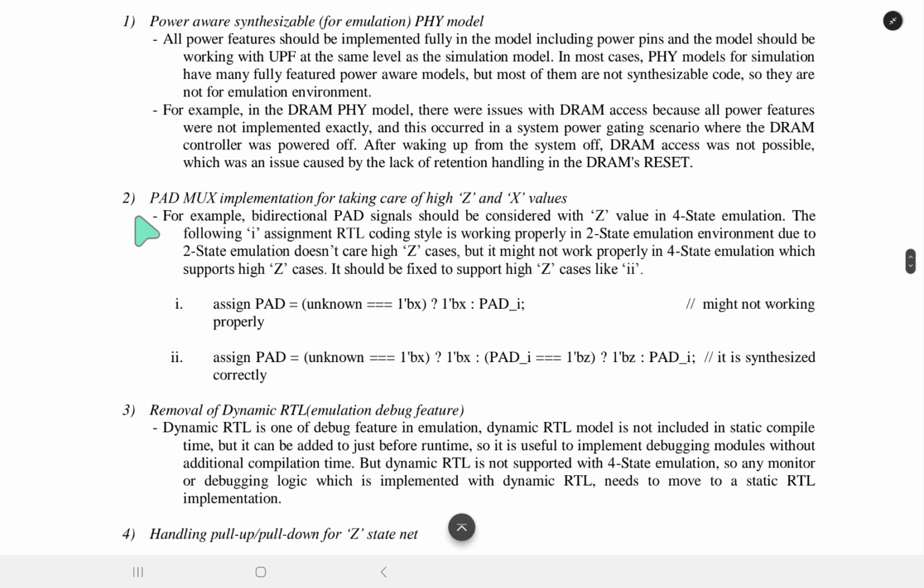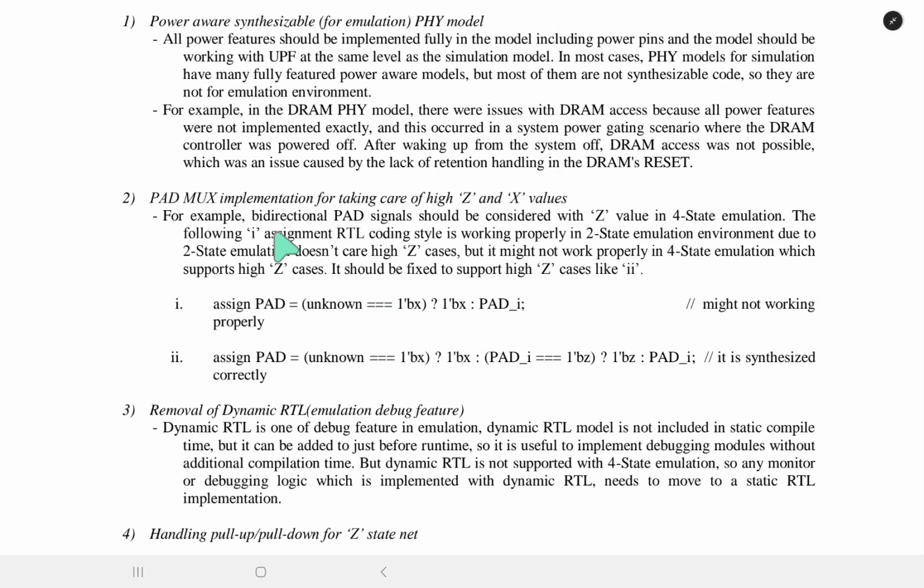Okay, next is number 2, the power pad mix implementation for taking care of the high impedance and X values. For example, the bidirectional pad signals should be considered with Z values in four-state emulation.